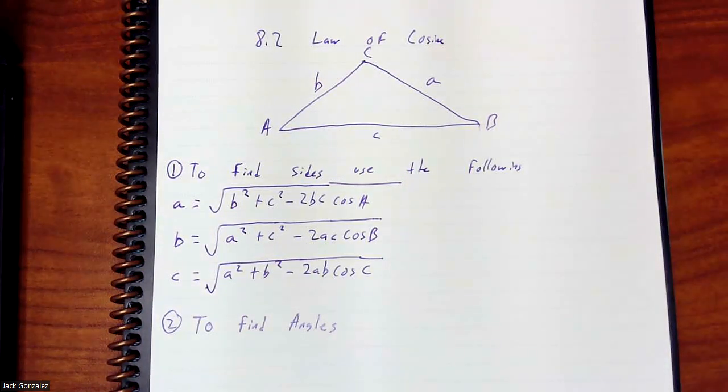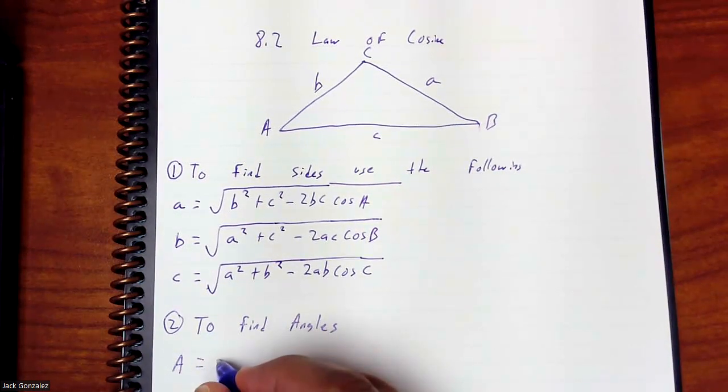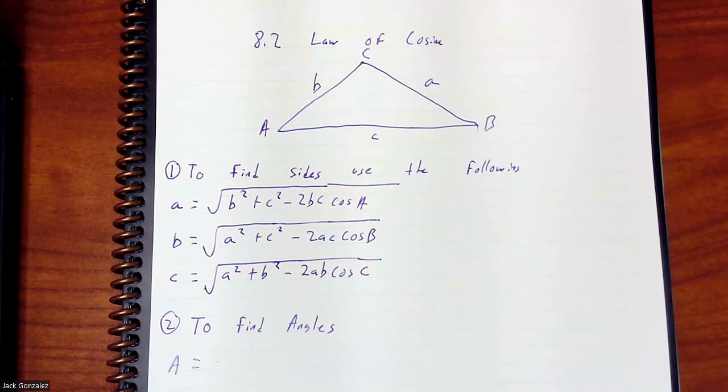Okay. Now I'm gonna give you the simplified version for the angles. So these are the ones I did myself that are probably not in the book. So capital A, if you just want to find angle A, you need all three sides. Okay, so you got to find the side first if they're not given.